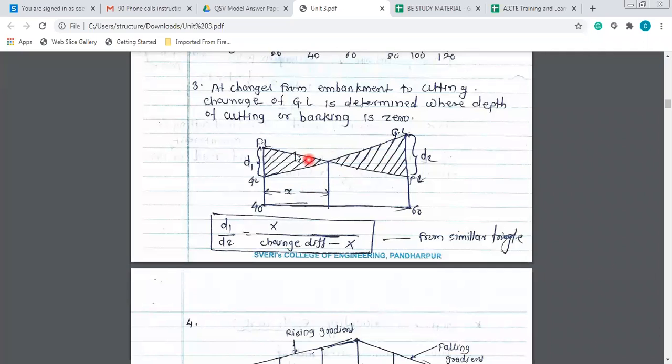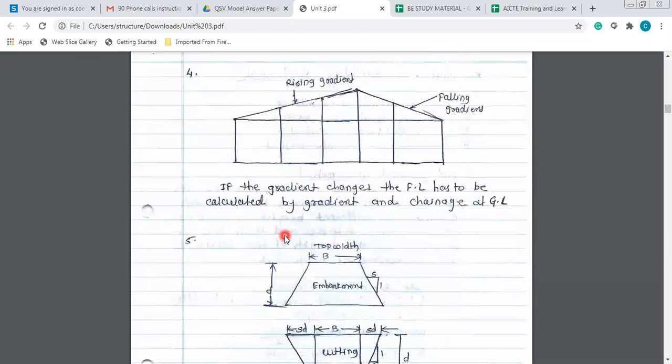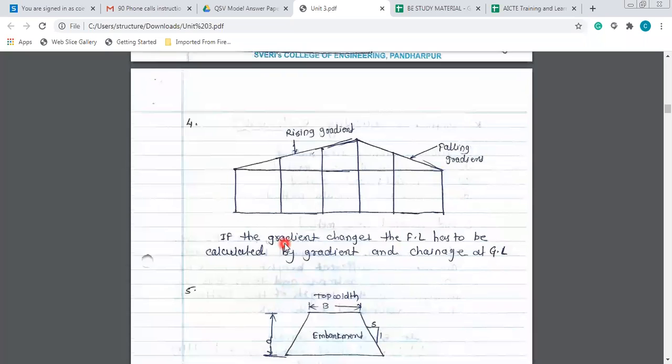By using the similar triangle method, d1 by d1 plus d2 equals x divided by the difference of chainage, that is 60 minus 40. From that you can calculate the distance where the depth of your cutting or embankment is going to become 0.